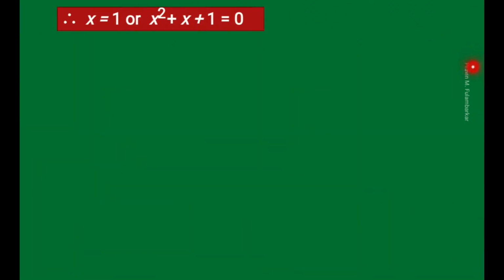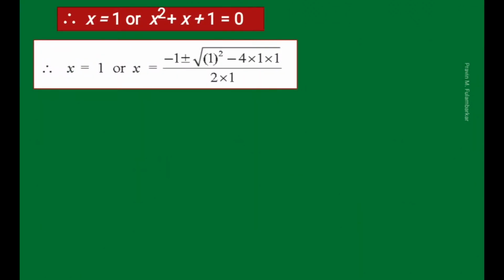So for this second equation, x is equal to, we use the quadratic formula, which is minus b plus or minus root b square minus 4ac upon 2a. Here the value of b is 1, which is the coefficient of x, the value of a is 1, which is the coefficient of x square, and the value of c is 1.